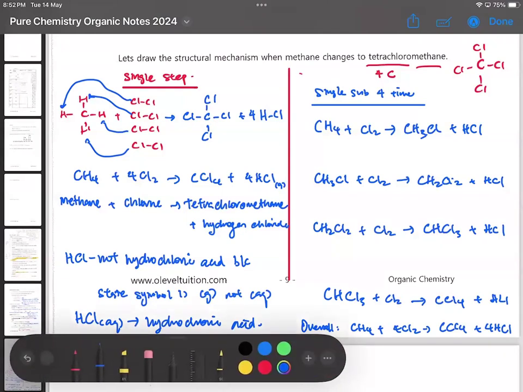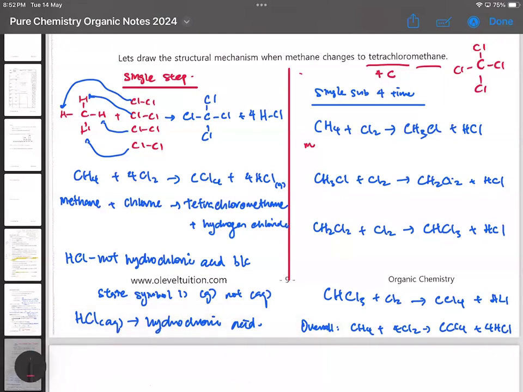So you can also see that the names actually change. You start off with methane, you get chloromethane. And from the chloromethane, you get 2 over here, so you get dichloromethane. And from your dichloro, you get your trichloro.